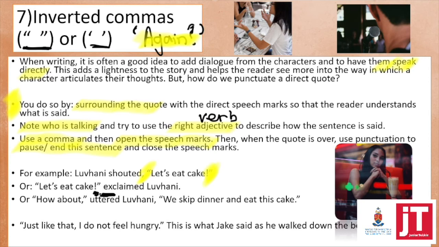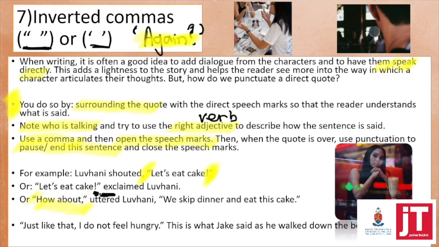Now, take a look at this one. I'd say this is the more complicated one. "How about," uttered Luvani. So this is what is being spoken. "How about", so they started off with the speech brackets being open, "How about," comma, and then they close the speech brackets. Notice that the comma is before the speech brackets here. Do you see that, guys?